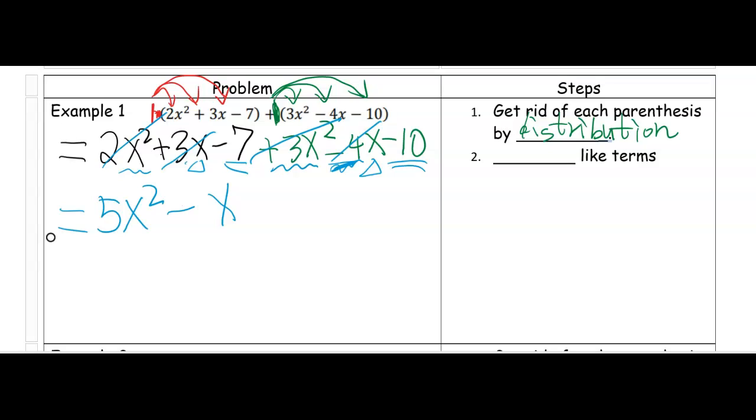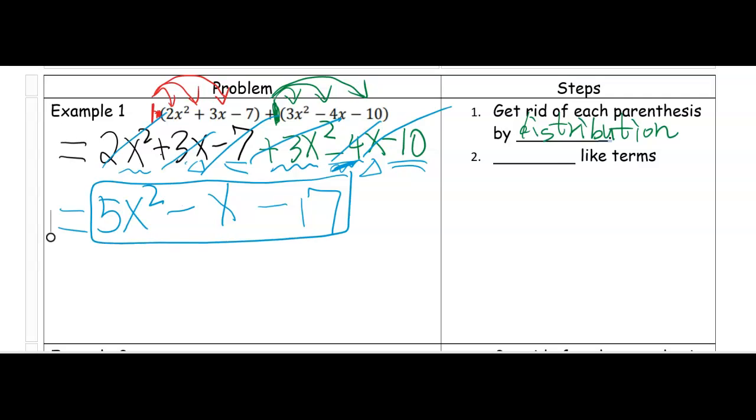Don't forget the sign in front of the number. So it's -7 plus -10 gives us -17. After combining them, they're gone. Look at the result for this step. You don't have any like terms to combine. So this is your result. So first, get rid of the parentheses by distribution. Second, combine like terms. And that's it.